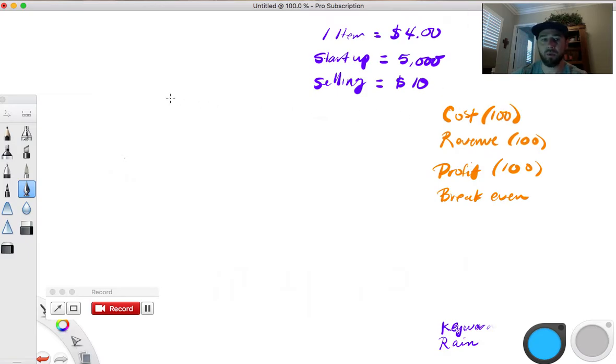Now, the cost to make 100 items is our startup cost, because guess what? We had to put that in. So we had to spend that 5,000 plus how much does it cost to make one item?